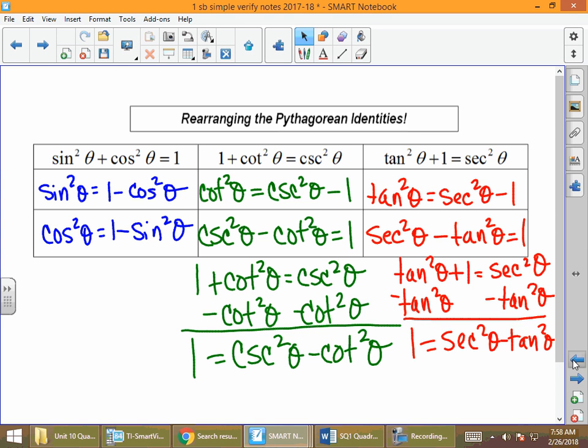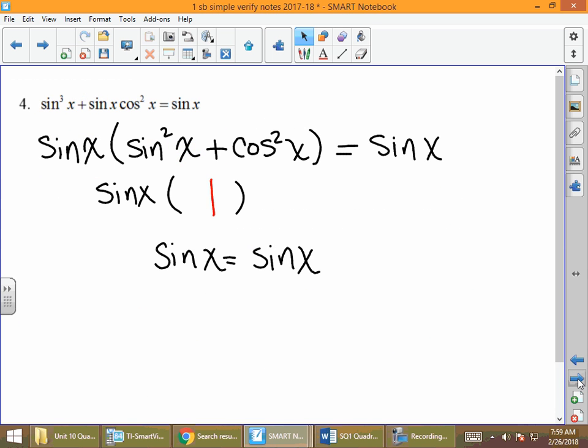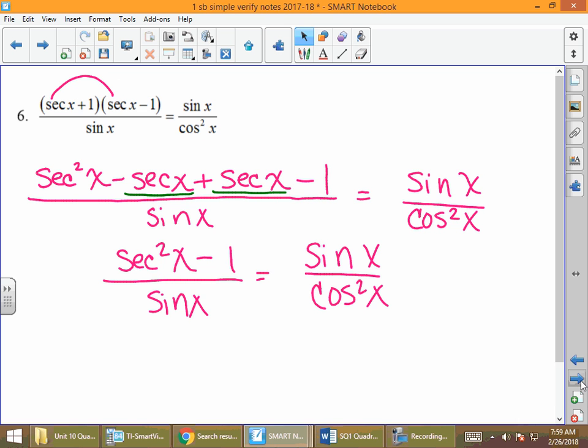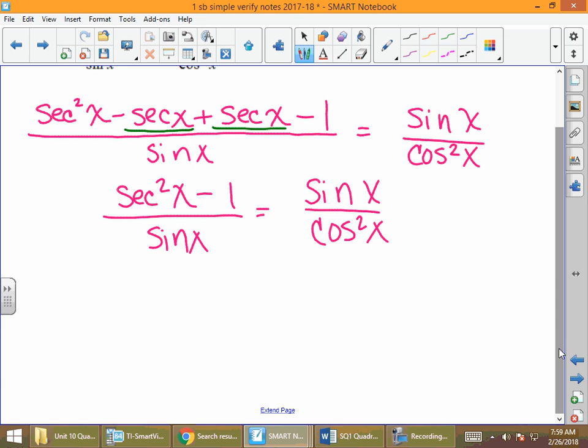Secant squared theta minus 1 equals tangent squared theta. We can substitute tangent squared theta back into our equation for secant squared x minus 1. So instead of writing secant squared x minus 1, we're going to write tangent squared x divided by sine of x.